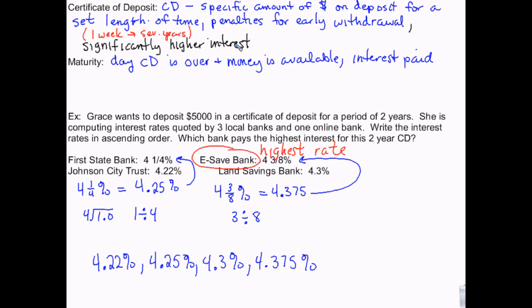And that's actually pretty typical, because these are probably all building-based banks, and E-Save is probably an internet-based bank. And the internet-based banks can pay a little higher interest because they don't have overhead. They're not paying for branches everywhere. I guess they do have some overhead.